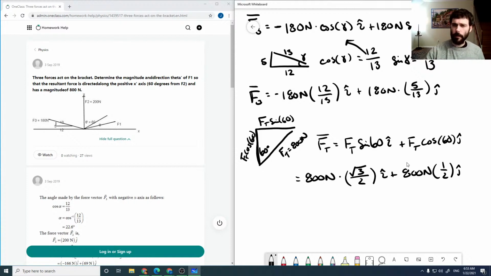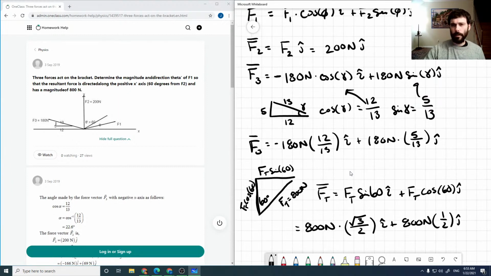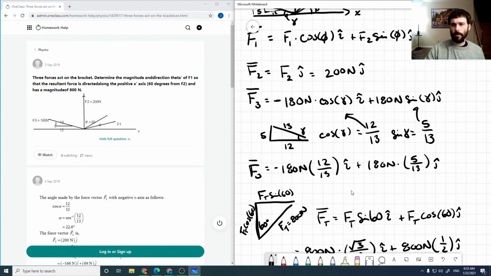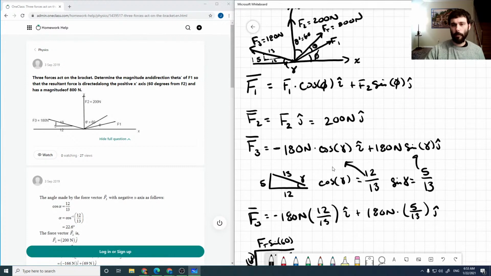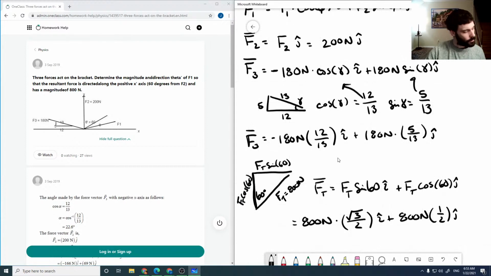Okay, so now we have each of our vector quantities. I didn't do F1. We'll just have to solve for its components.